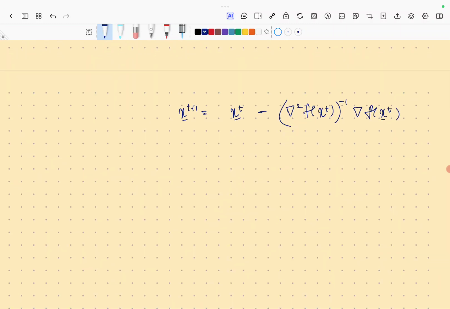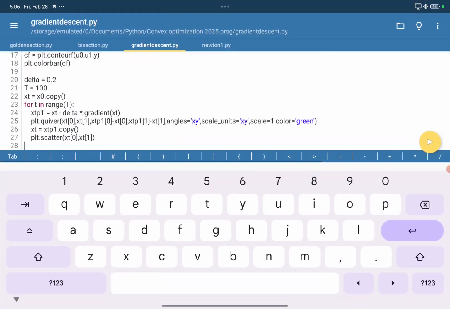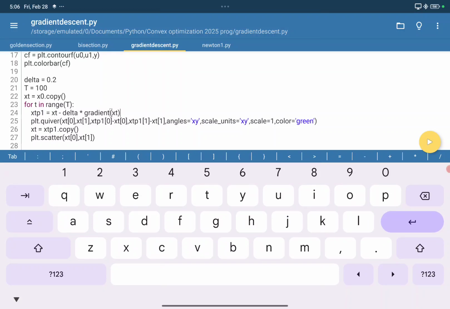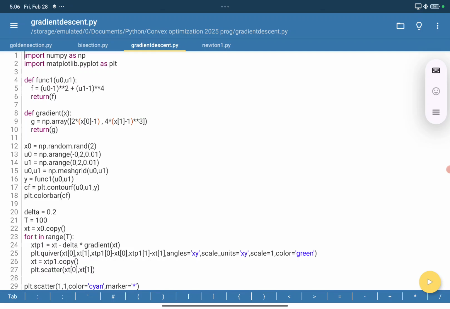Okay, let's maybe visually see how these two algorithms, gradient descent and Newton's method, behave for an example function. Right, so I have this function f, which is, let me write it out.